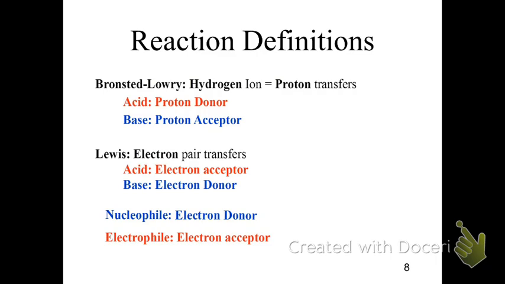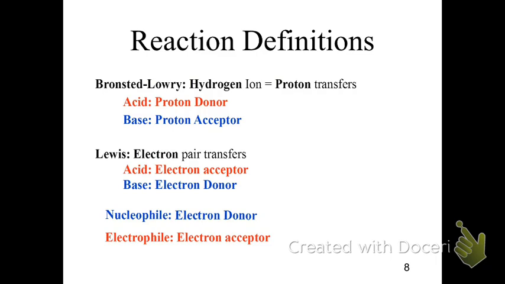So if you found a Bronsted-Lowry acid, it's going to react with a base. So you should be able to predict and follow the chemistry if you know the definitions. Okay? When we're looking at Bronsted-Lowry, it's all about hydrogen ions. So it's a fairly narrow definition, but it works for acid-base chemistry. For most of the chemistry that you're going to see this semester, you're looking at the transfer of electrons.